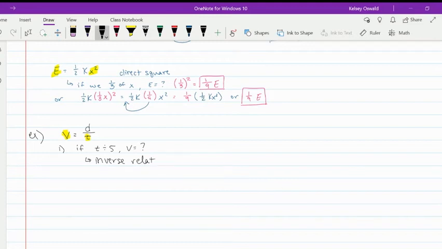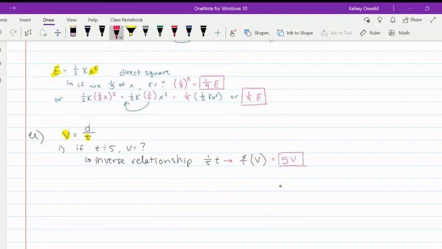So that means whatever we do to our value for t, the inverse or the opposite of that will happen to v. So if we have 1/5 of our t value, that means we're going to have the inverse or opposite effect on our value for v, which means we're going to have 5 times our original value for v.